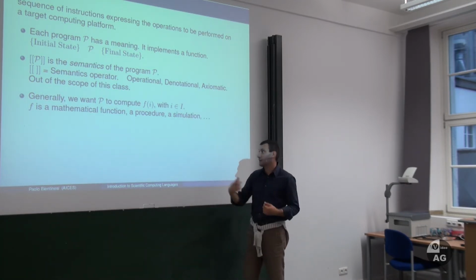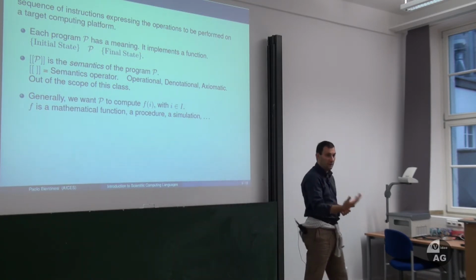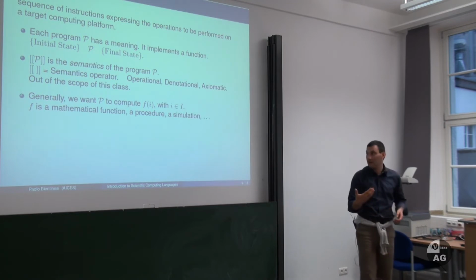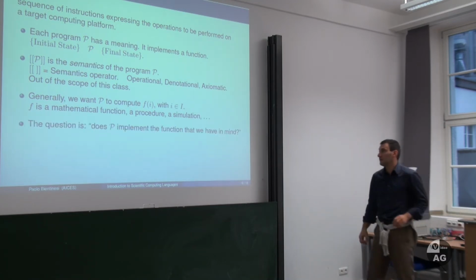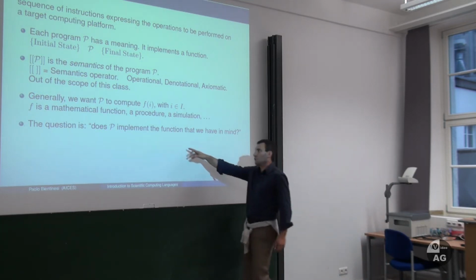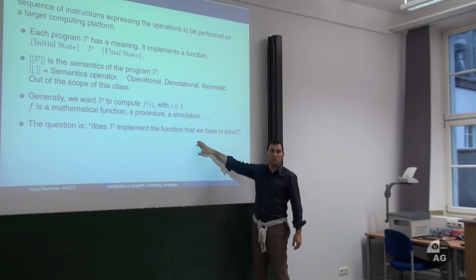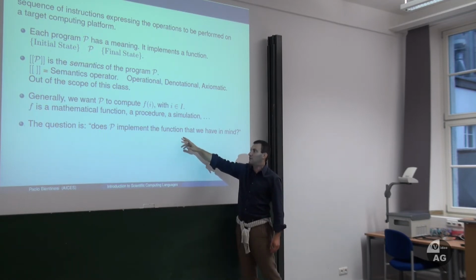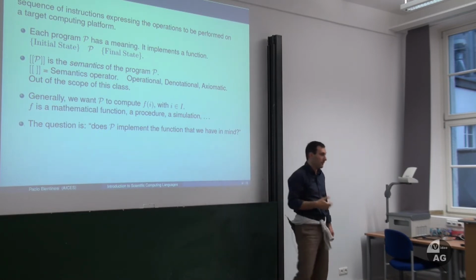And we would like our program to be as close to the actual mathematical function as possible. So how do we decide if our program actually does the job? How do we decide if it is really implementing the function that we have in mind?